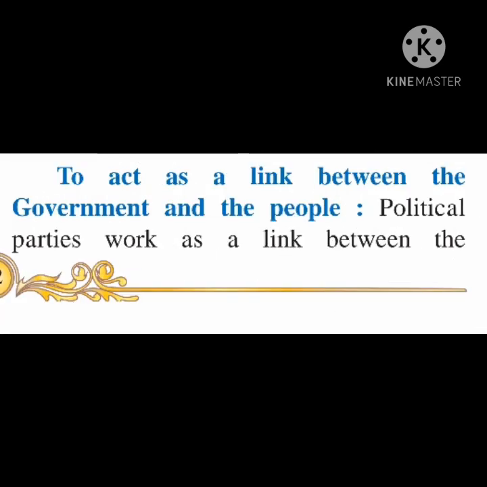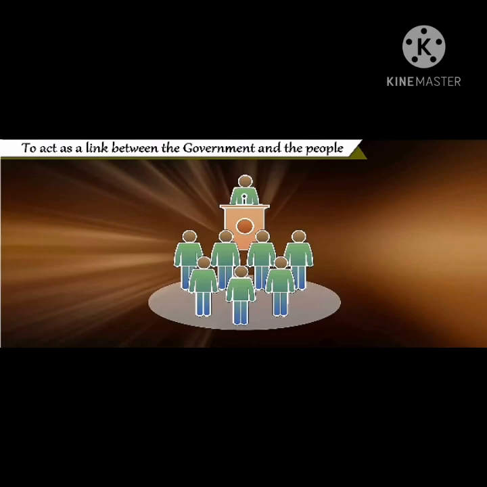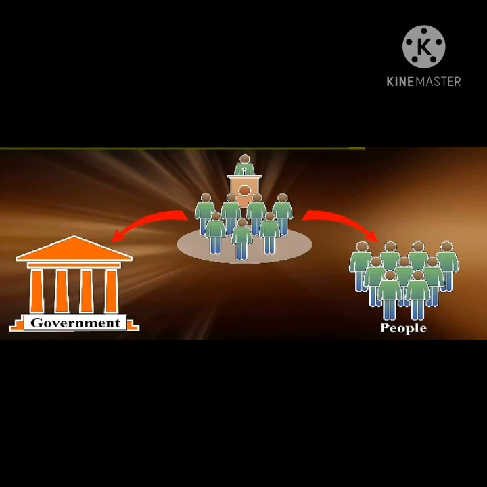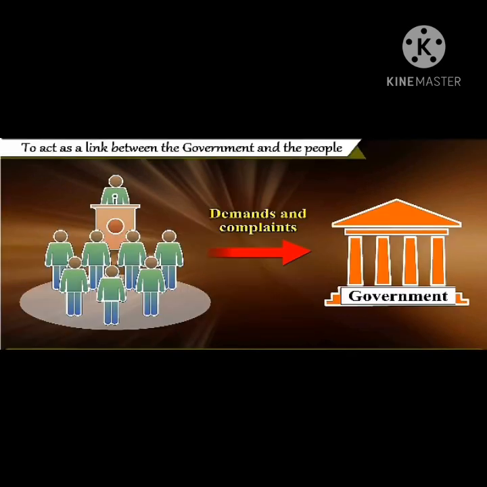And the last, fifth characteristic is to act as a link between the government and the people. Political parties work as a link between the government and the people. Link means like a middle person. So political parties act as a middle person between the people and the government. Political parties communicate the demands and complaints of the people to the government.